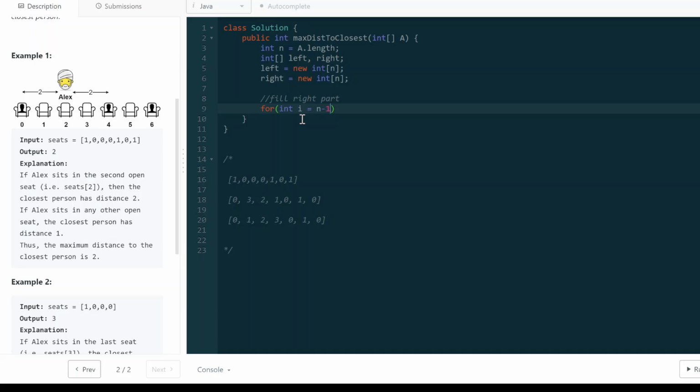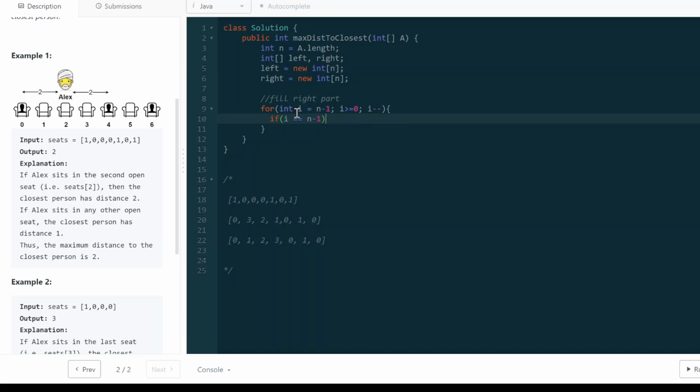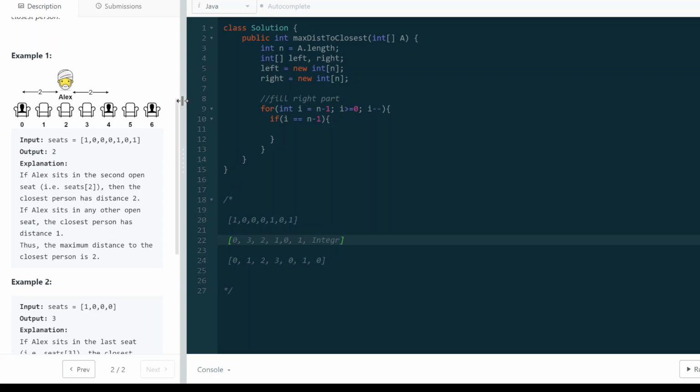For the right, I greater than 0, I minus minus, and if I equals n minus 1. Now here also one thing. So you see here for the last state, it's a good idea to initialize the value with Integer.MAX_VALUE or some number that is always very large, because no one is sitting on the right side, so we don't have to take that into consideration.